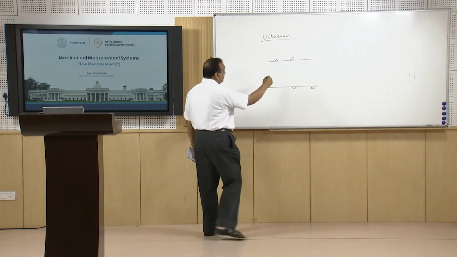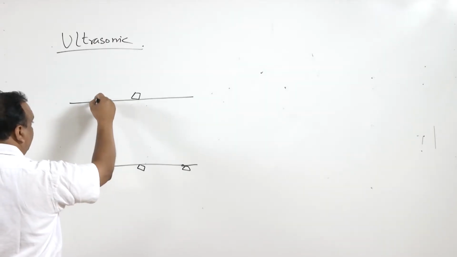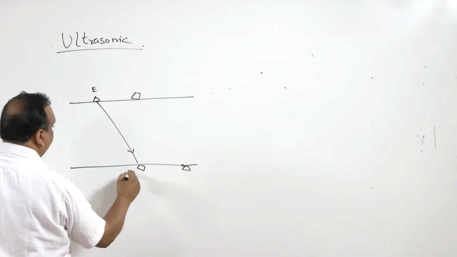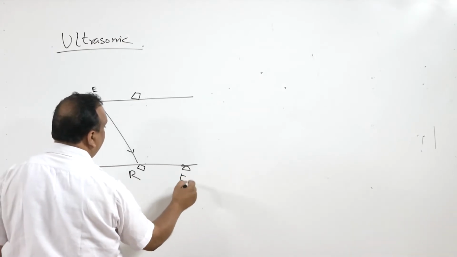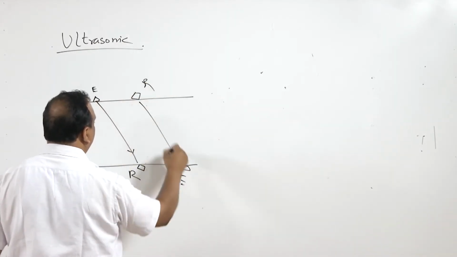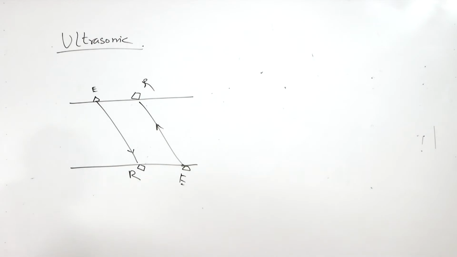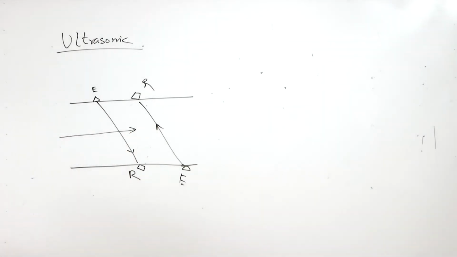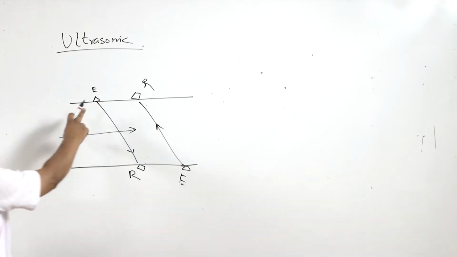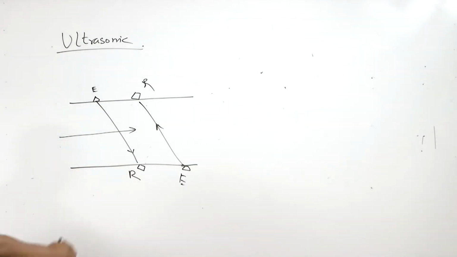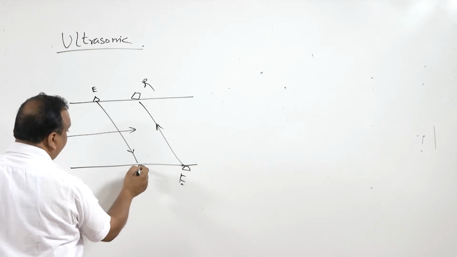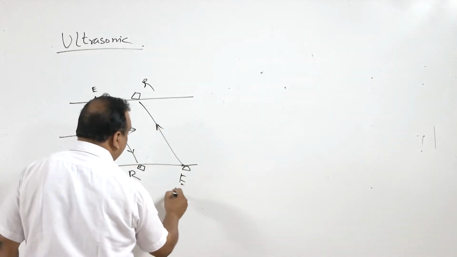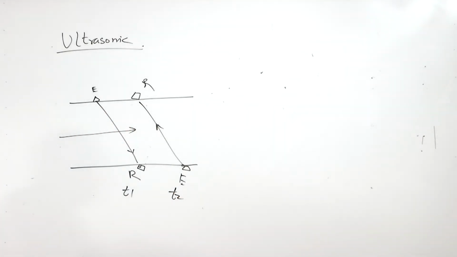Right? Now, ultrasonic waves are emitted and received here, and this is the emitter, this is the receiver, and this is the emitter, and this is the receiver. And flow is in this direction, right? So, let us say this receiver receives in time t1, this receiver receives in time t2, right?